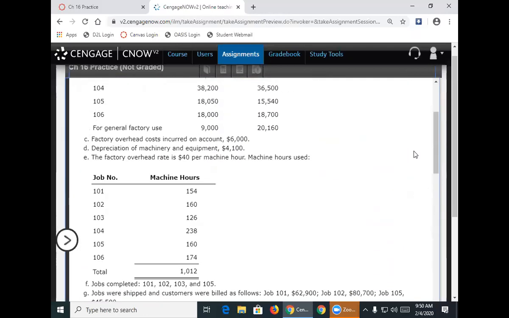How about part D, depreciation on machinery and equipment, $4,100. What kind of cost is that? Is it materials, labor, or overhead? Overhead, very good, since it's dealing with the factory. So where would it go? Debit factory overhead, credit accumulated depreciation. Perfect, that's right. It's an actual overhead.